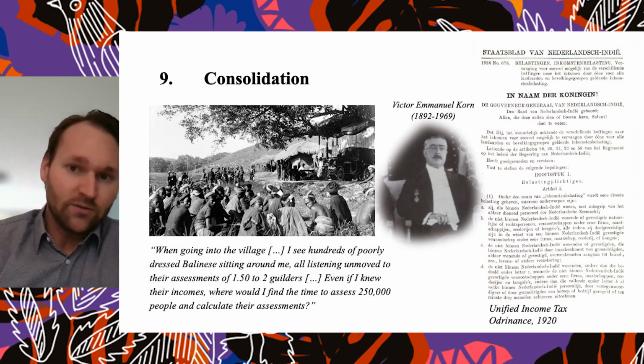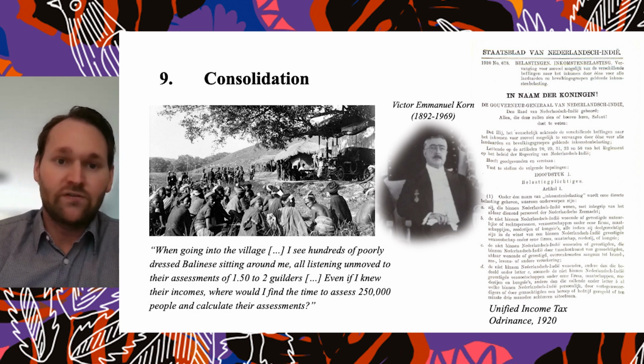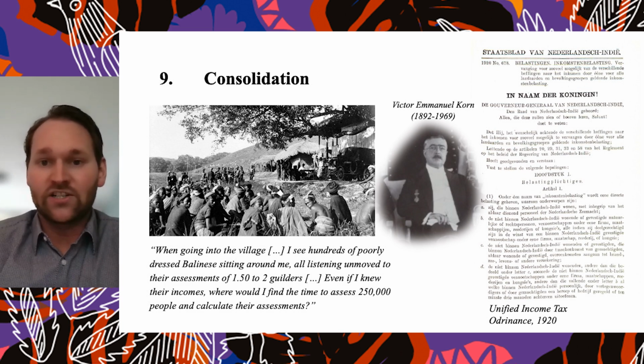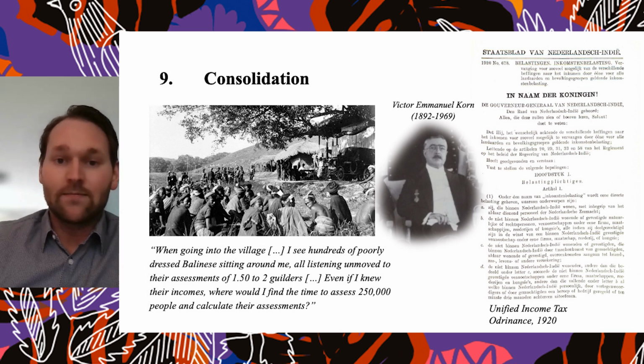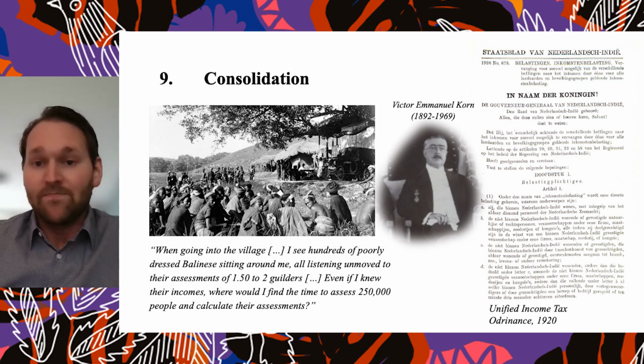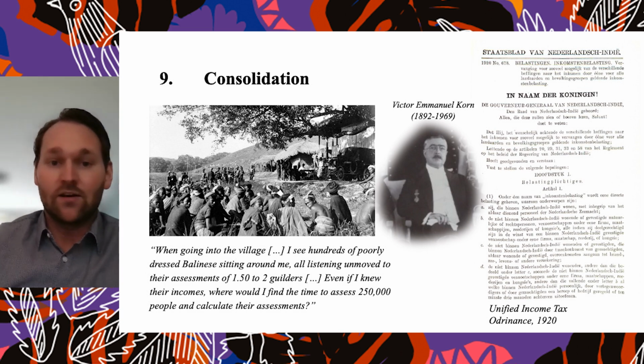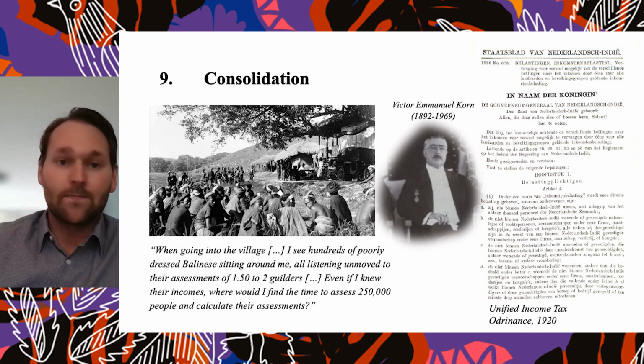It attempted to grasp numerous spatial and social differences that in practice couldn't really be bridged, and it was criticized as such from its very inception by many officials as being motivated by and presuming some kind of unified colonial society that existed only in the minds of theorists in the Netherlands.